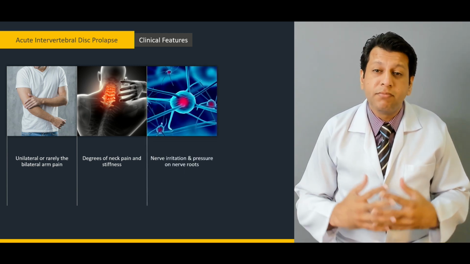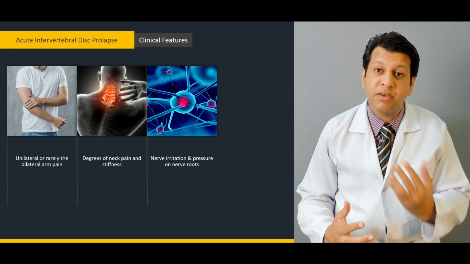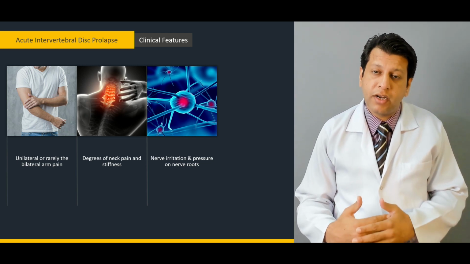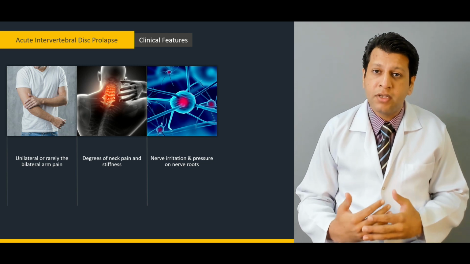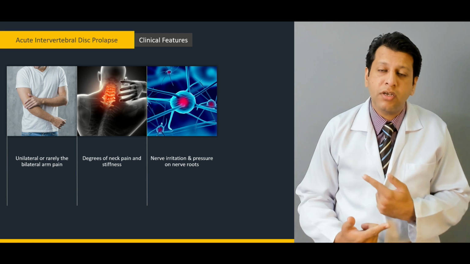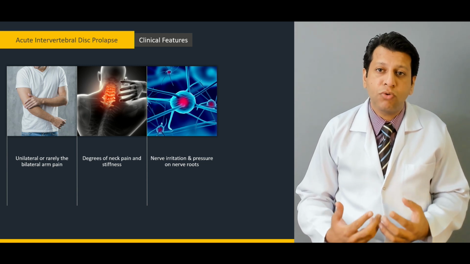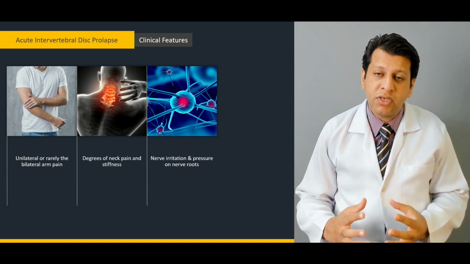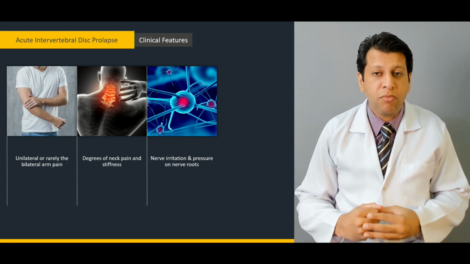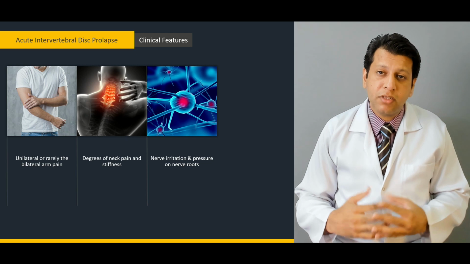There may be radiculopathic symptoms, that is, nerve irritation. For example, if the C5 nerve is getting irritated due to disc prolapse, there will be a problem over the regimental badge area on the shoulder. That is, there may be dysesthesias over there. There may be a decrease in elbow flexion, and there may be other problems as well.